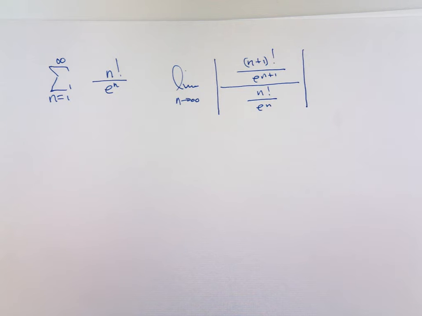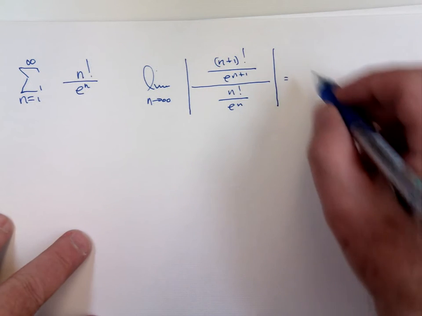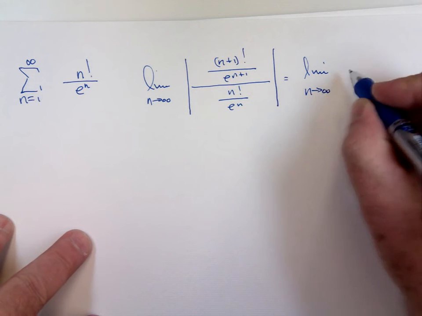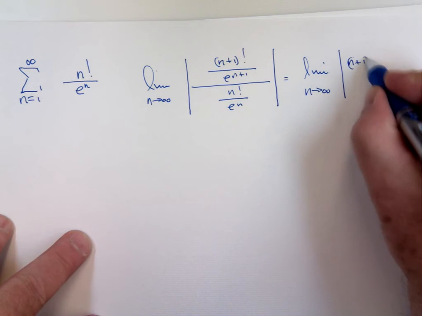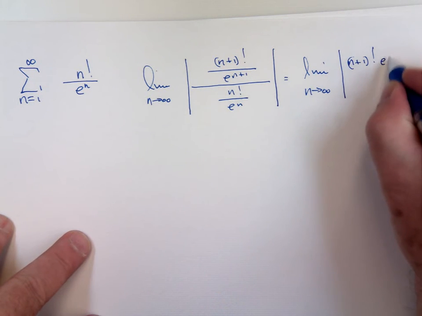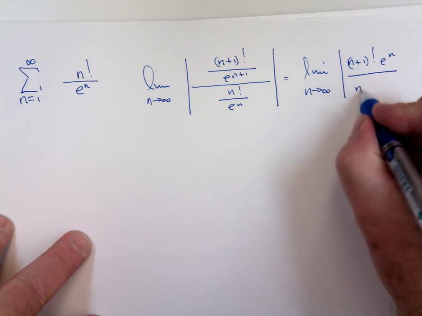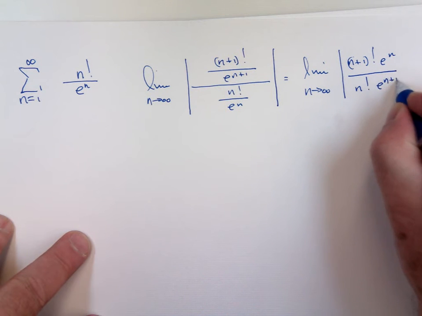Whoa, here we go. This is going to be nasty. The limit as n goes to infinity of n plus 1 factorial, this e to the n comes up there, the n factorial here, and the e to the n plus 1 is here.